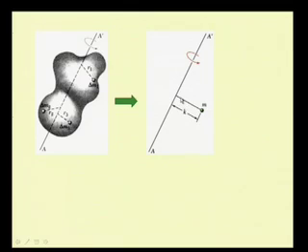So, we are trying to find an equivalent concentrated mass which has the same second moment of the mass with respect to the given axis.